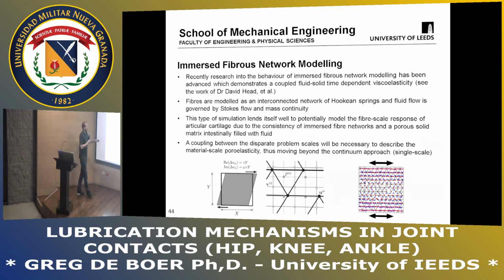And the important thing is that we can solve this spring deformation with fluid flow using this type of model. And what we want to do is use this to describe the behavior of the poroelastic material at this small scale, and then average over that response and use it to drive the poroelastic behavior.